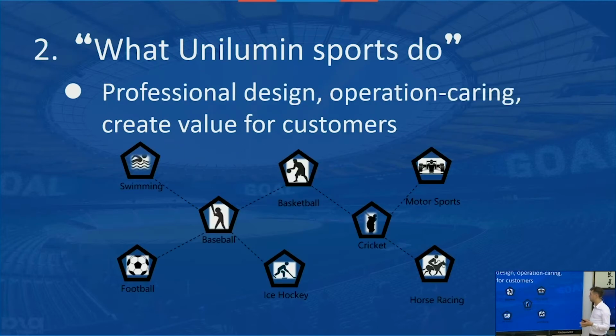Then we go more specific about Unilumin Sports, what makes the difference between Unilumin Sports and the rest of the market, what kind of sports we're focused on, and where is the value for the customers, like why they are so happy to choose us for their high profile and important projects.